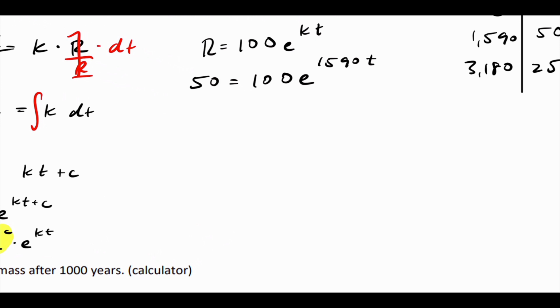Get the exponential by itself, divide by 100. Okay. So we got 1/2 equals E to the 1,590 K.